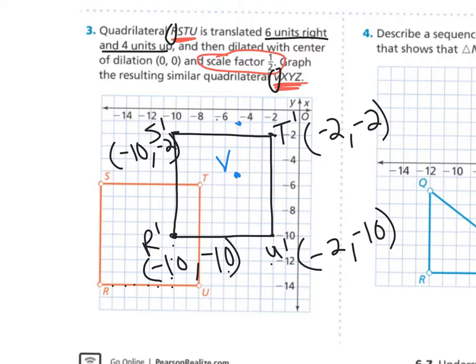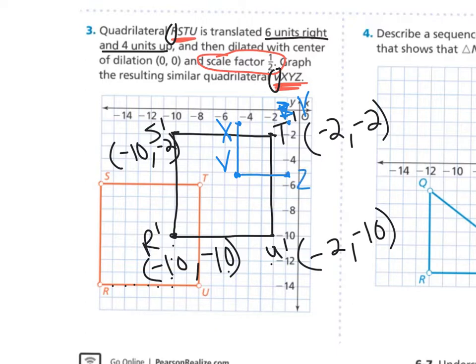And that's going to be X. And then T, take half of both of those, would be -1, -1. That's going to be Y. And then half of -2, -10, that would be -1, -5, and that would be Z.